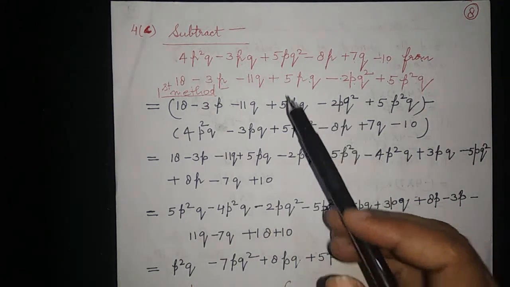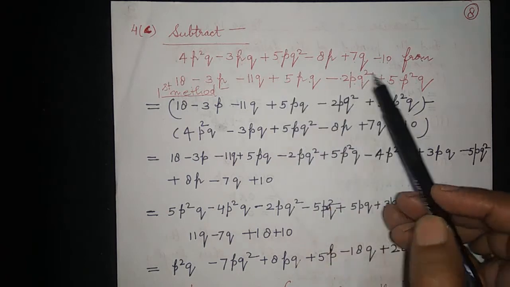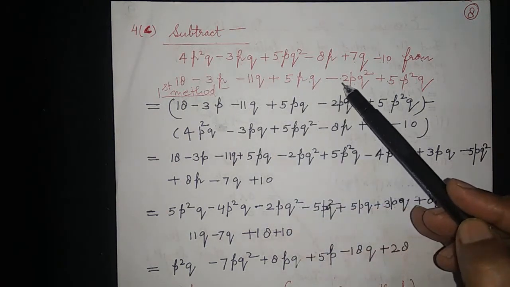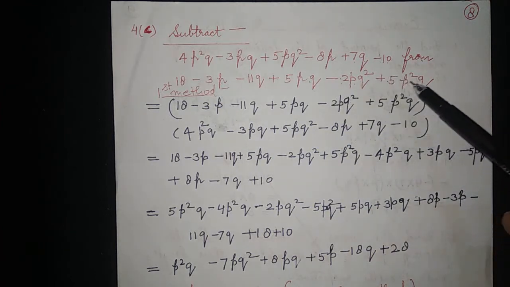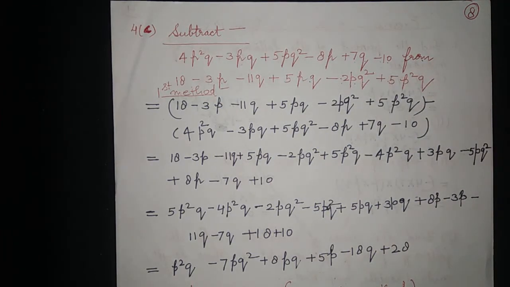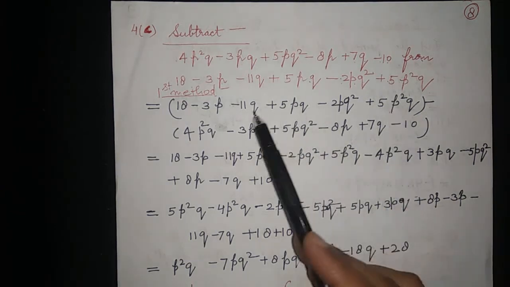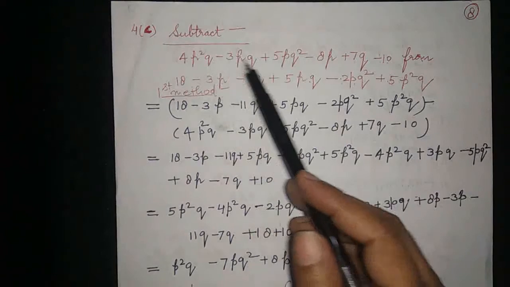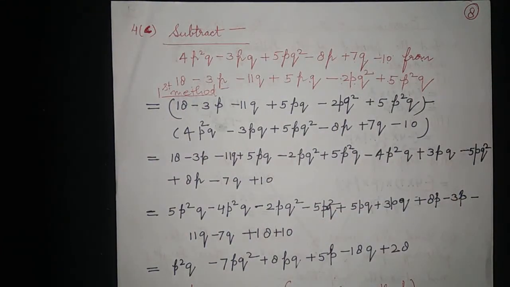So here you have to write first 18 minus 3p minus 11q plus 5pq minus 2pq square plus 5p square q. We have to write it first. After that, putting a minus sign, we will write this expression.